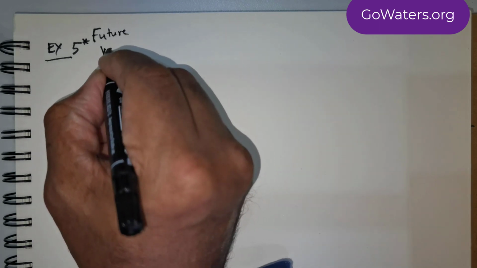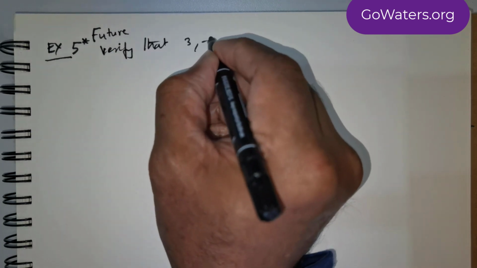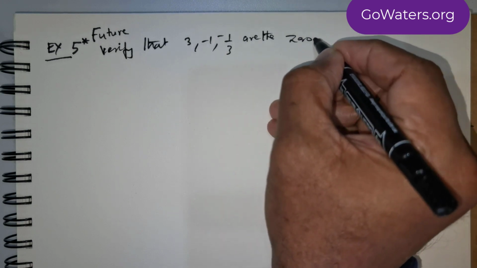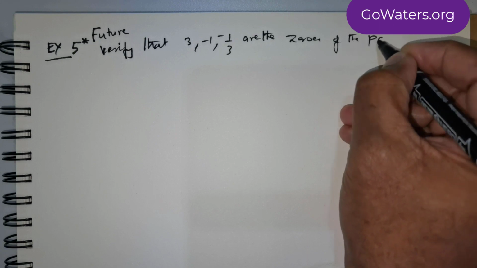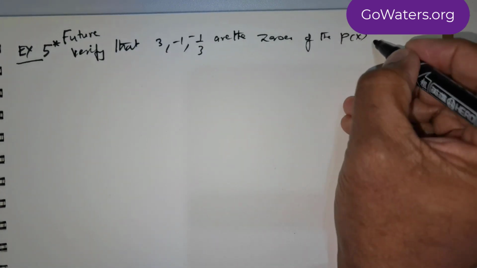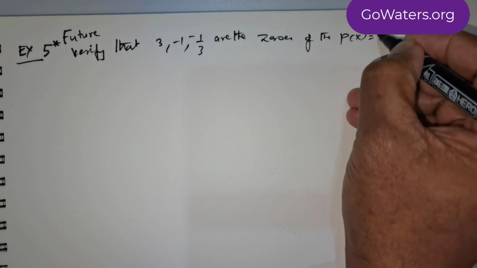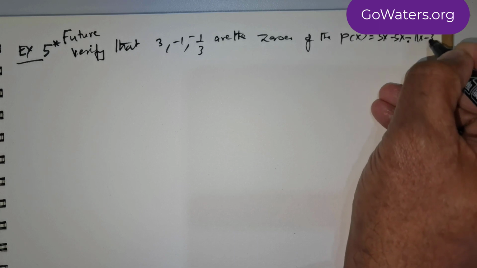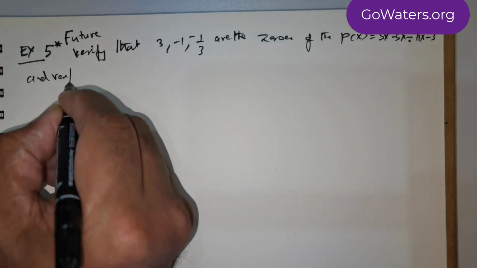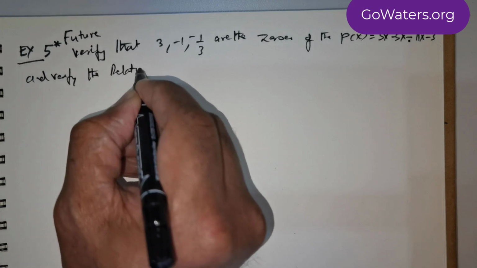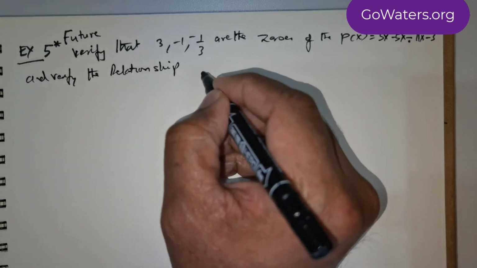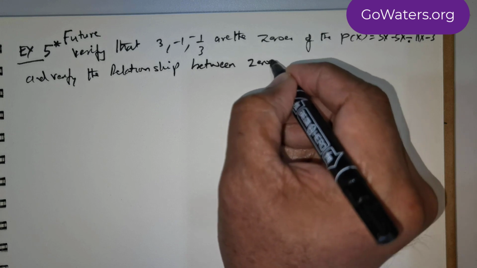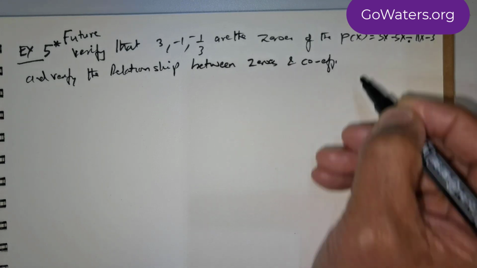Now what is the question? The question states that verify that 3, negative 1, and 1 over 3 with a negative sign are the zeros of the polynomial. A cubic polynomial is given. P of x I am indicating, and that's going to be 3x to the power of 3 negative 5x squared negative 11x negative 3, and we are asked to verify the relationship between zeros and the coefficients.